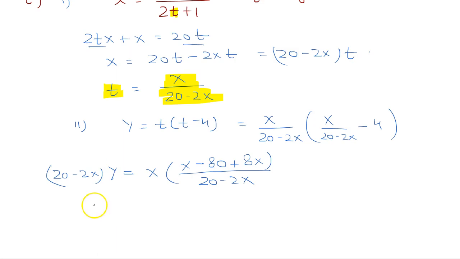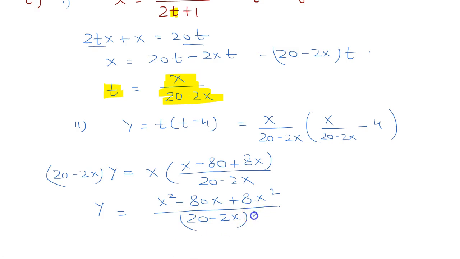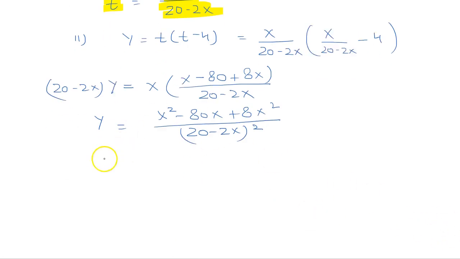So y is equal to x square minus 80x plus 8x square, over 20 minus 2x square. So y will be 8x square plus x square, this is 9x square minus 80x, over 20 minus 2x square.